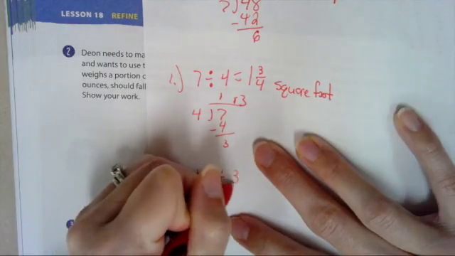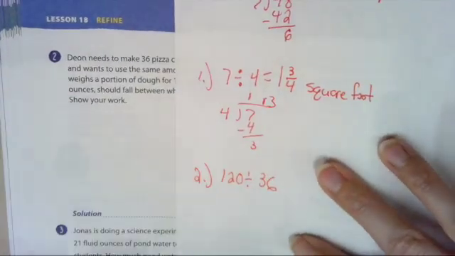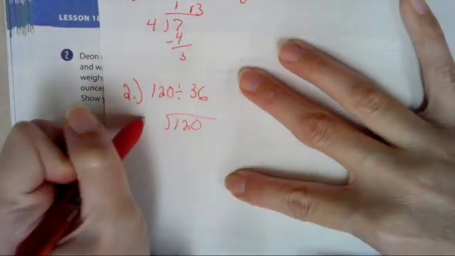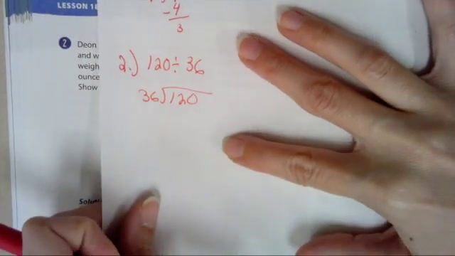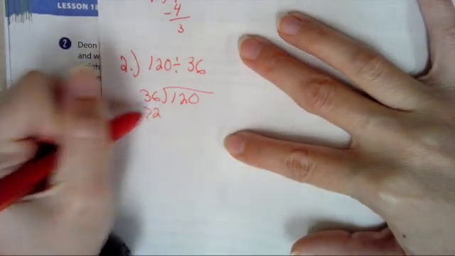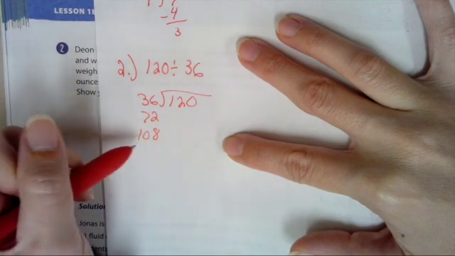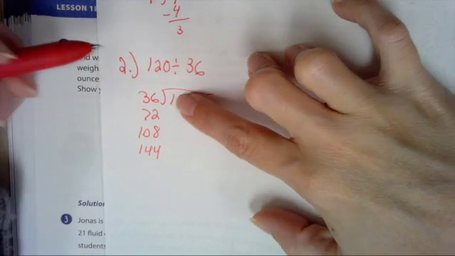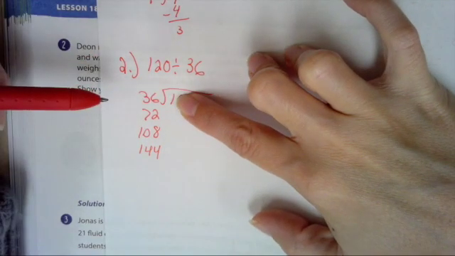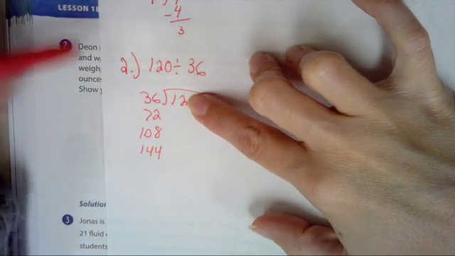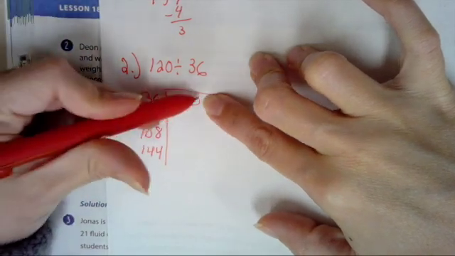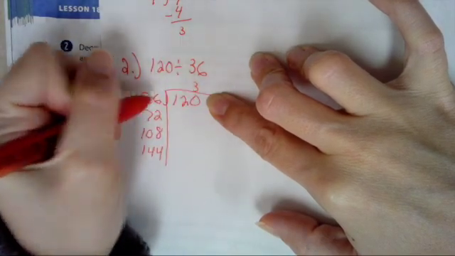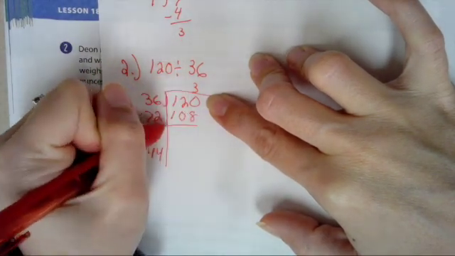120 divided by 36. We're going to list some multiples: 72, 108, 144, and that is enough. 36 won't go into 1, 36 won't go into 12, but 36 will go into 120, 1, 2, 3 times. 3 times 36 is 108.